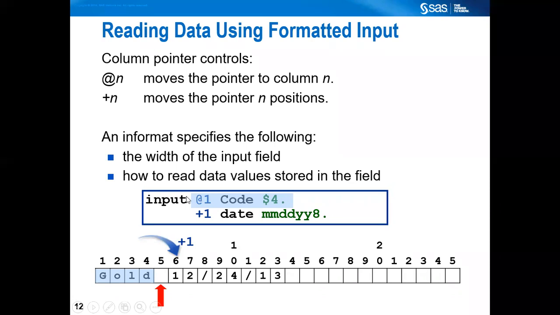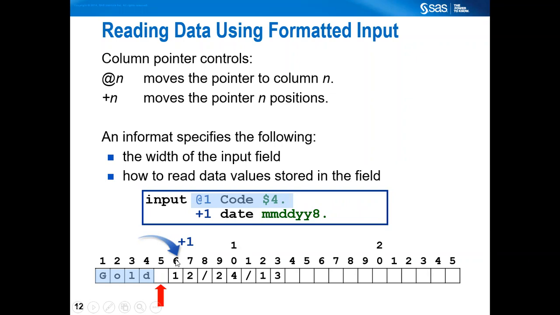See, now you are writing the first input, and you are giving the first column directly. At the first column, it should read code, for 4 widths. So 4 width plus 1 position moves the pointer to n position. The next column is +1, plus 1 position for the 4 width, which is date.